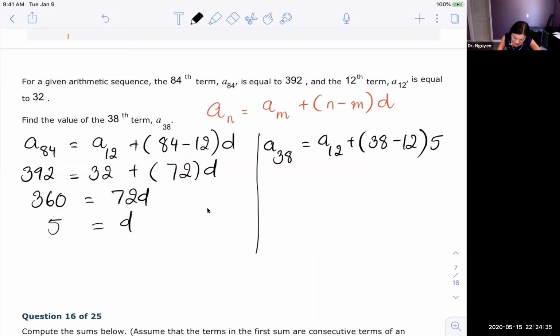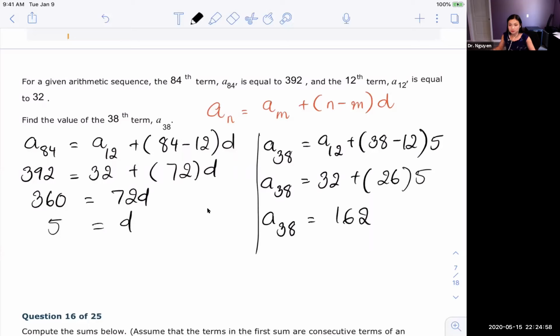And then from there, a_38 is a_12, which is 32, plus, like I said, I can subtract right away, 26 times 5. So 26 times 5 plus 32, a_38 should be 162. So you can see that we can use the general formula and make it easy.